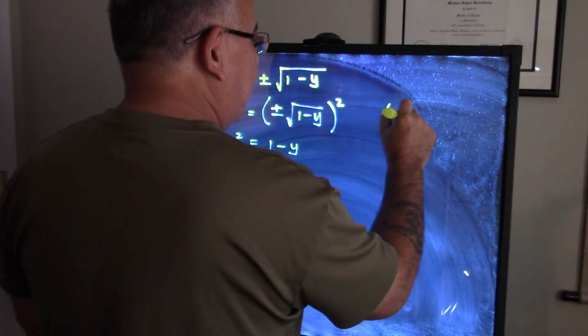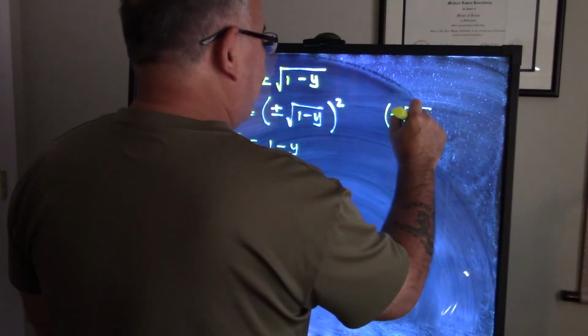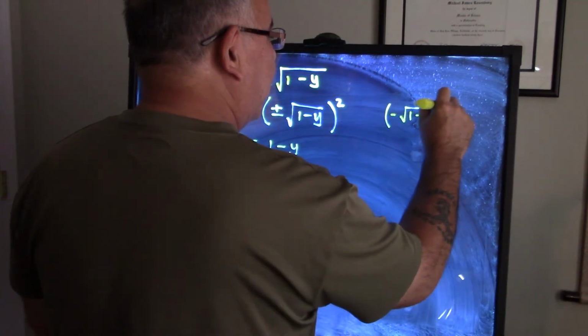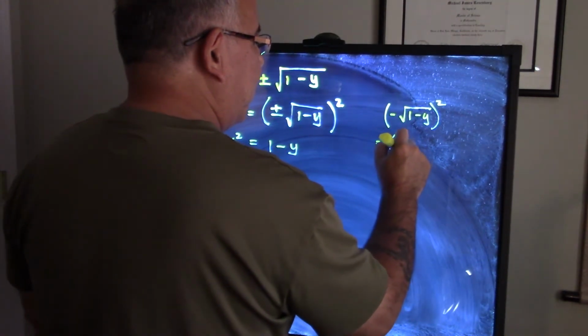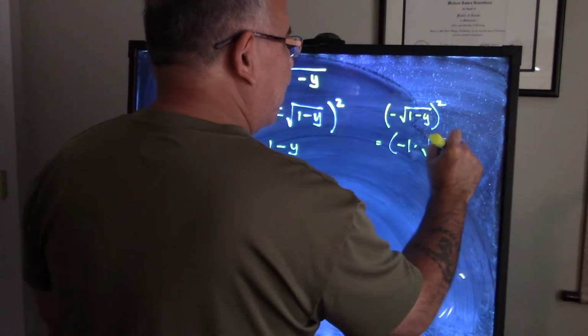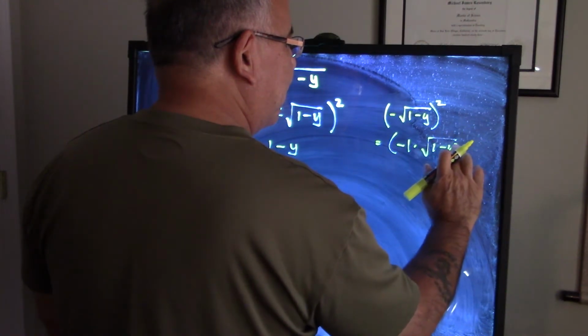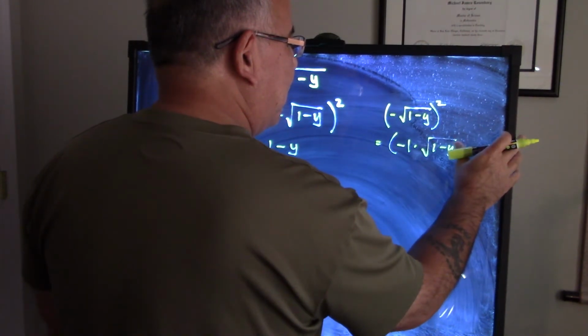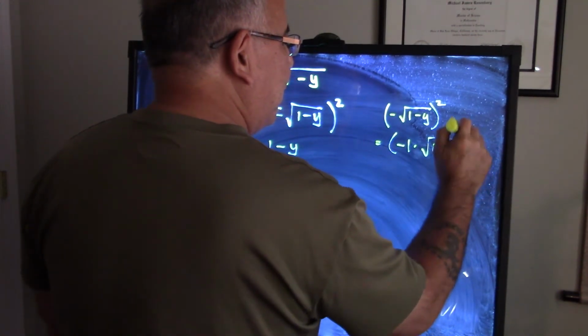That negative square root of 1 minus y equals negative 1 times the square root of 1 minus y. Oops, pardon me, that square shouldn't be there outside.